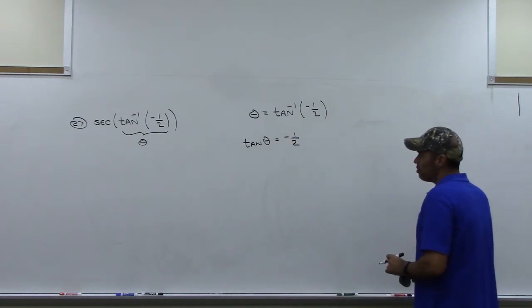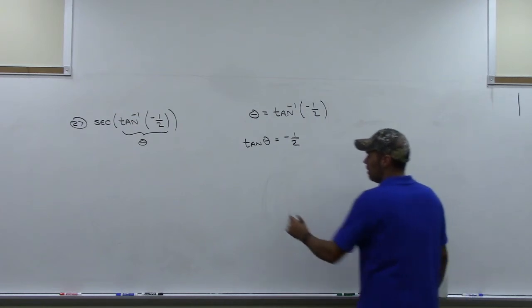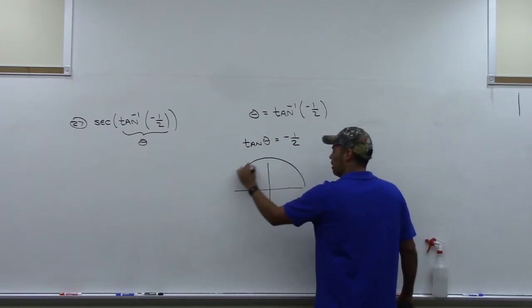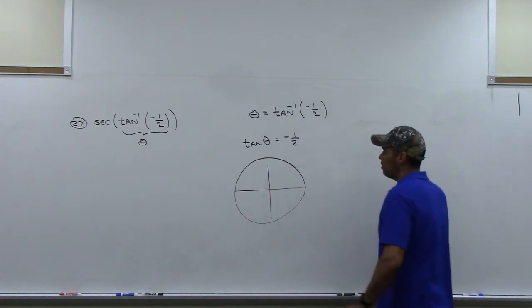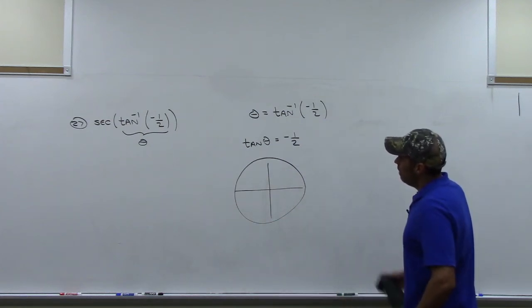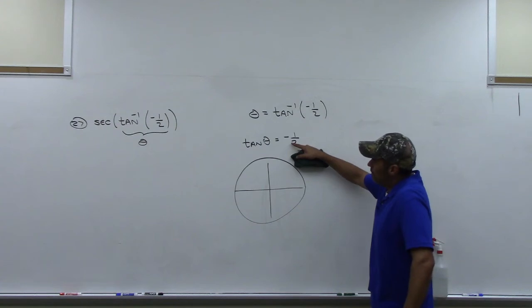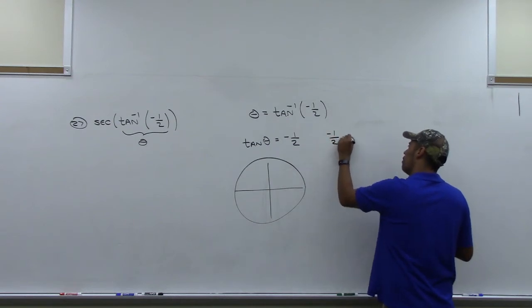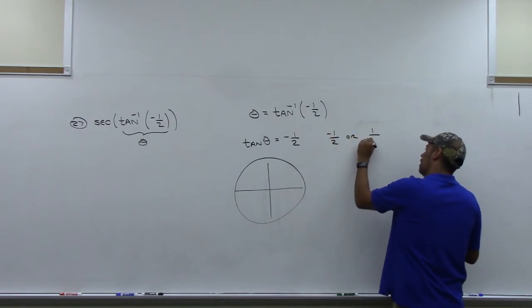Now, this is a little bit tricky because you have to draw a triangle, okay? And this right here should be your opposite over your adjacent. So the question is, is this negative 1 over 2 or is this 1 over negative 2?